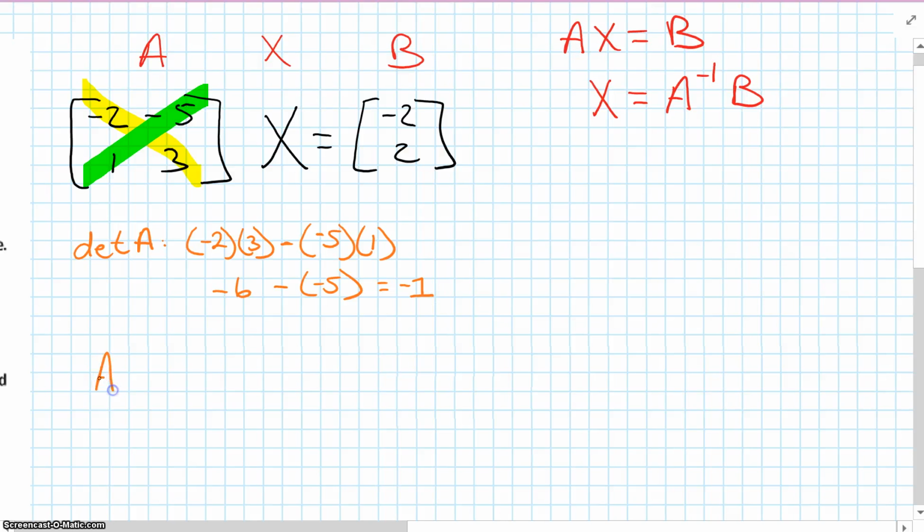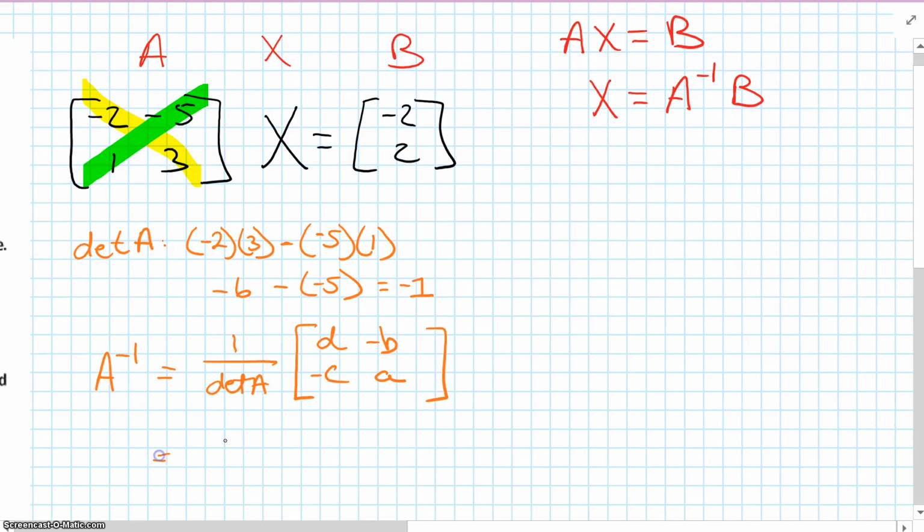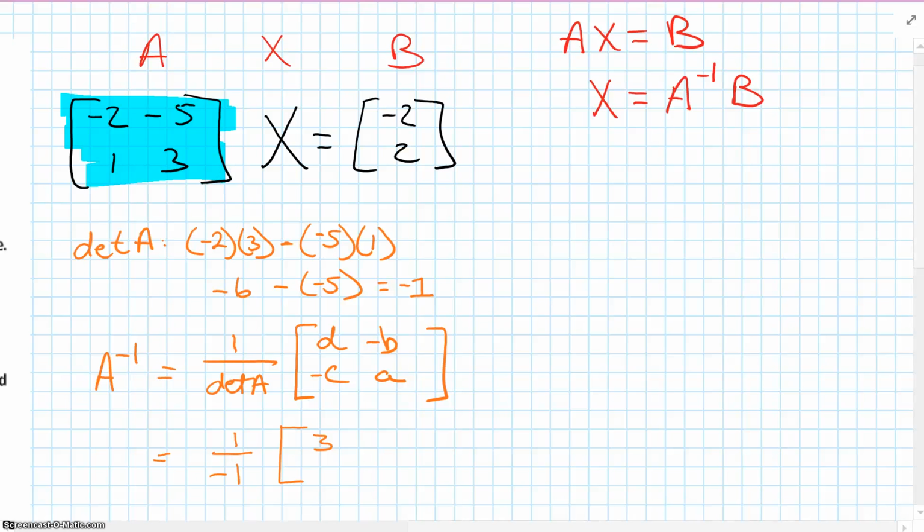All right, the equation for the inverse of A is 1 over the determinant of A times, for a 2 by 2 matrix, D, negative B, negative C, A. So that's 1 over negative 1 times: again, we're using the matrix A, B, C, D up top.